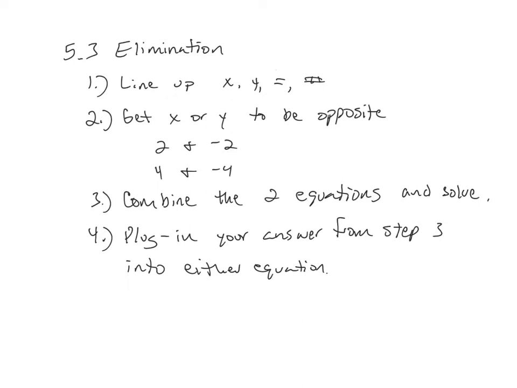Okay, so let's look at a couple problems. So today's should be the easier type. So if we have 3x plus 2y equals 4, and 3x minus 2y equals -4.